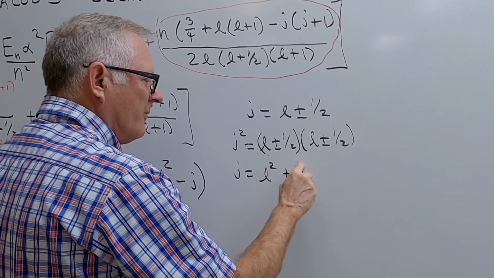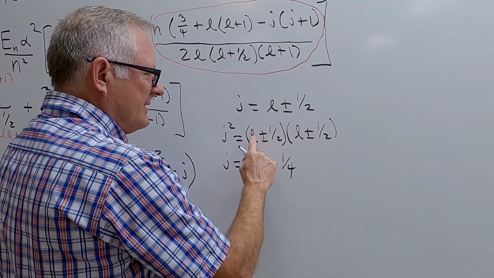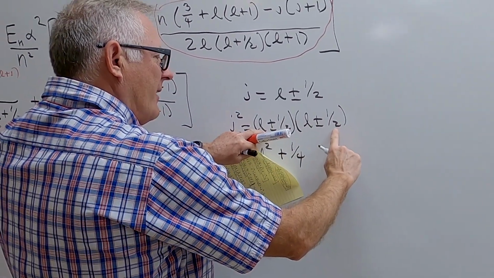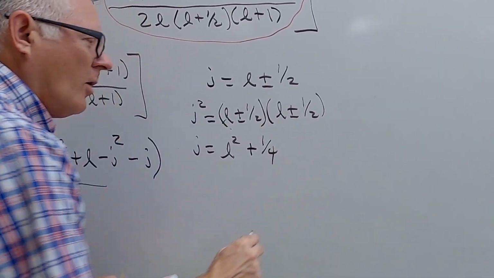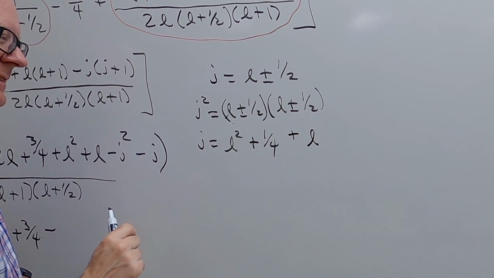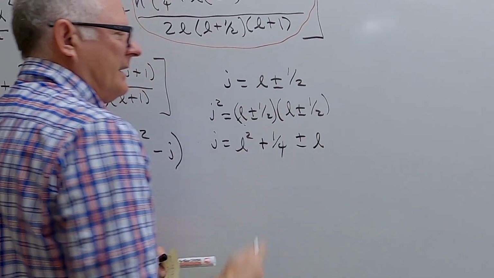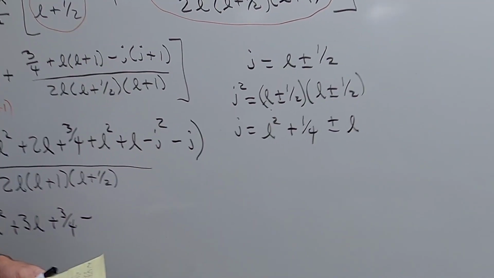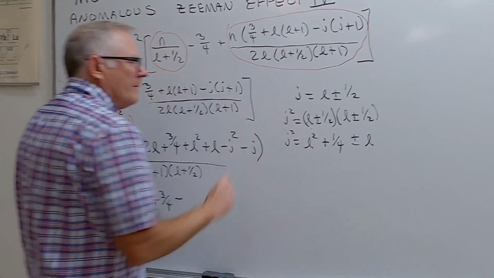So they're both 1/4. Then if we pick the two top cases, when we cross multiply, it would be a half L plus a half L, that's plus L. If you had the minuses, you'd have minus L and another half of minus L, which would be minus L. So it's plus or minus L. Okay, so there's what J squared is right there.